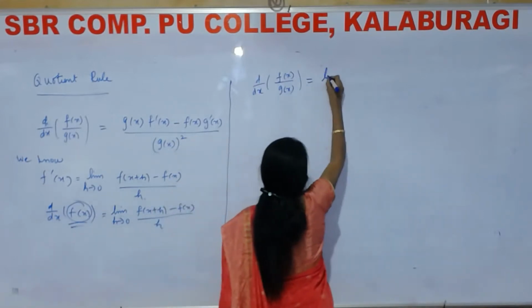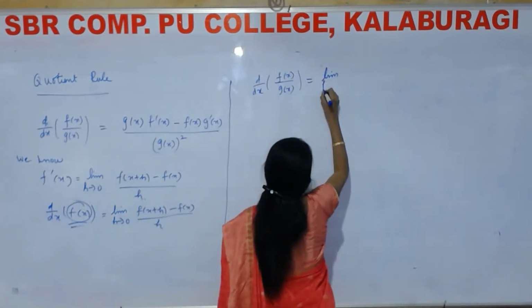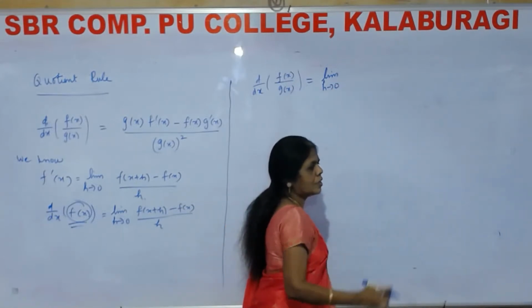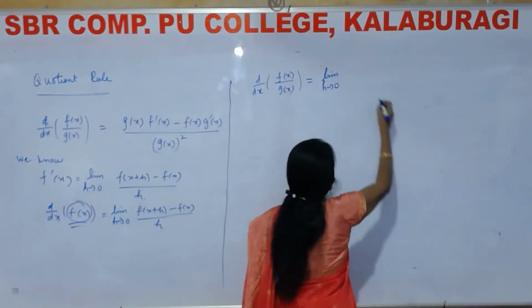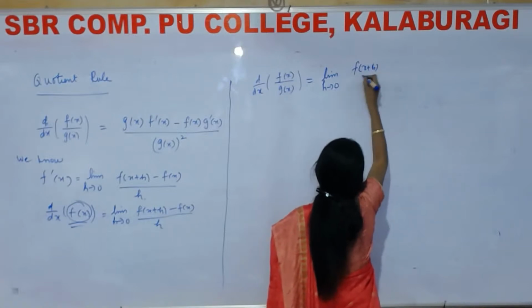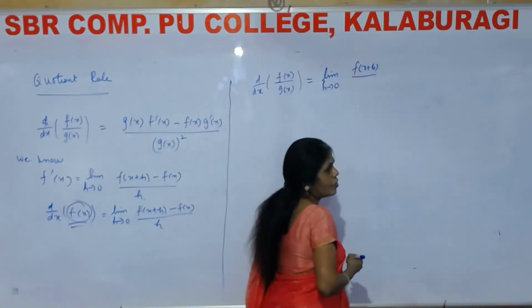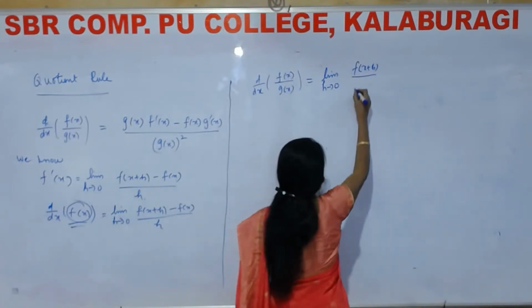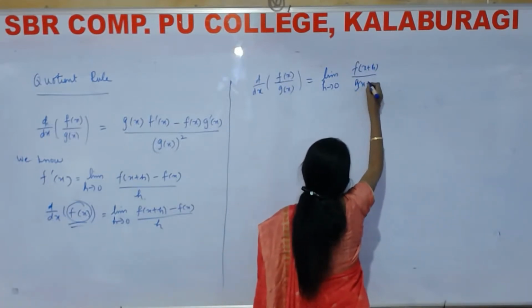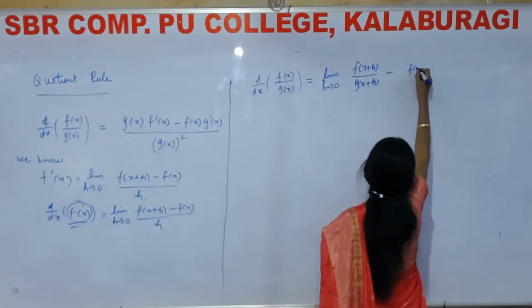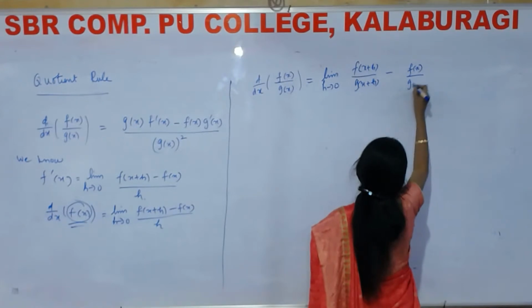Limit h tends to 0. Who will say the next part? f of x plus h minus f of x, divided by h. Okay. g of x plus h, minus f of x by g of x.